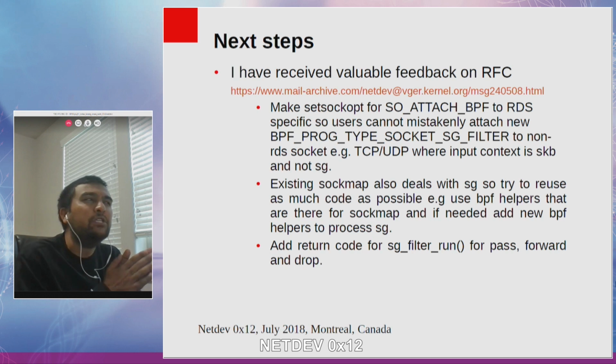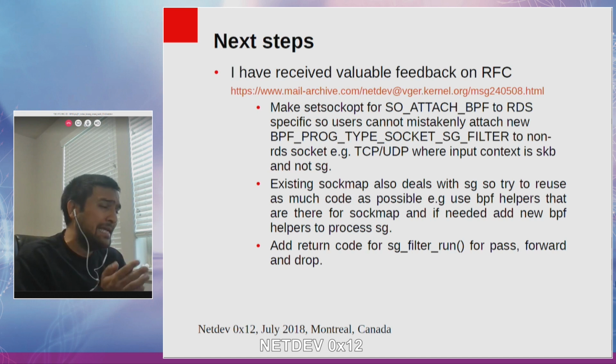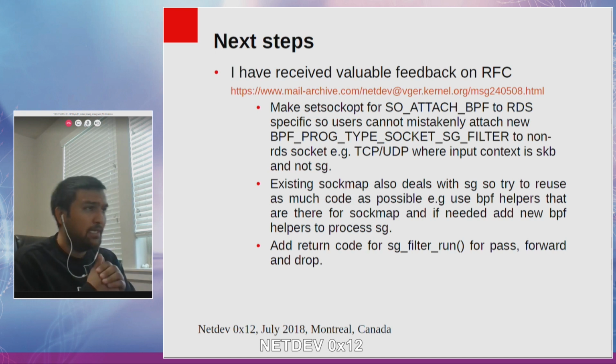So there is a potential chance here that this can harm the kernel. The advice that I got is that I should make this more RDS specific to begin with, and then look for the more detailed option. So I'm working on that.